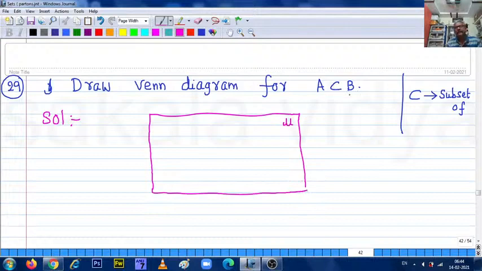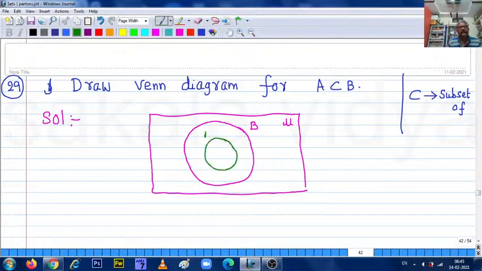A subset of B means B contains A, or A is contained in B. So that means B is the superset right now. In that A will be the subset. So you will be getting A. This is the figure for Venn diagram for A subset of B.